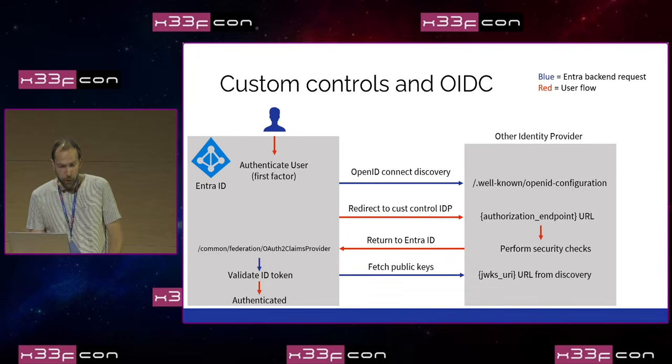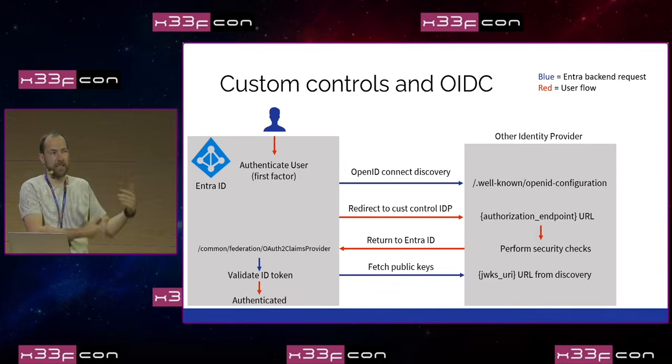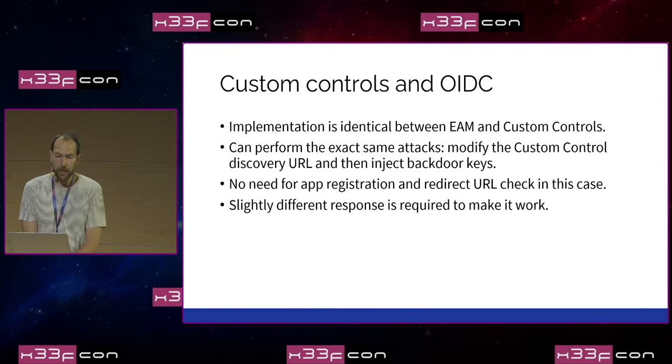And the flow is basically the same picture. Custom controls use the exact same OpenID implementation. I think it's even a shared code base. They fetch the OpenID configuration, redirect the user, do the checks, and then validate the ID token. So it means we can also do the exact same thing if you have custom controls, because the implementation is identical.